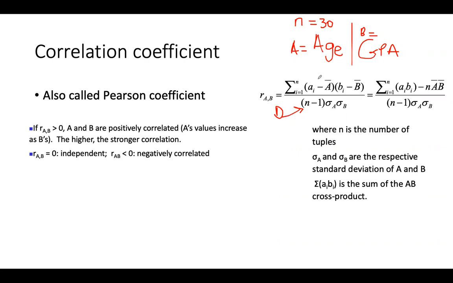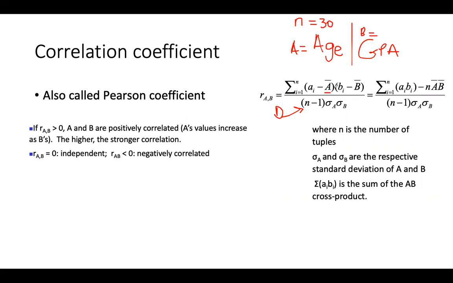Now let's look at our numerator. A1 minus A bar, where A bar is the mean. A1 means each individual student in our class, and we get their age. Assuming the average age in our class is maybe 21, let's say Jane is 17, so 17 minus 21.